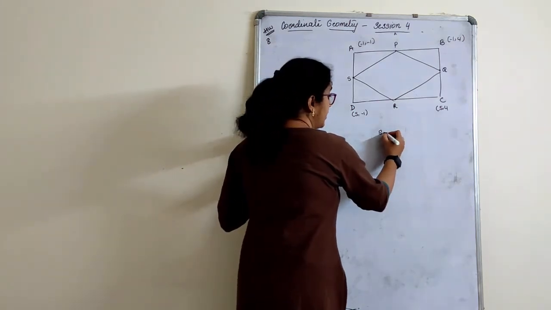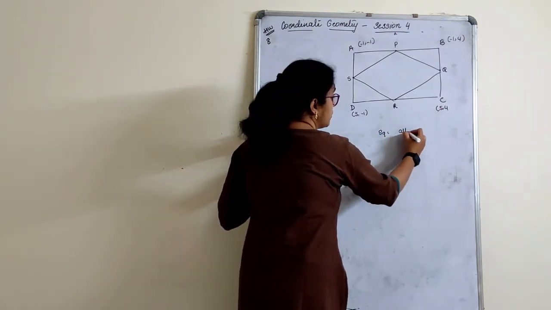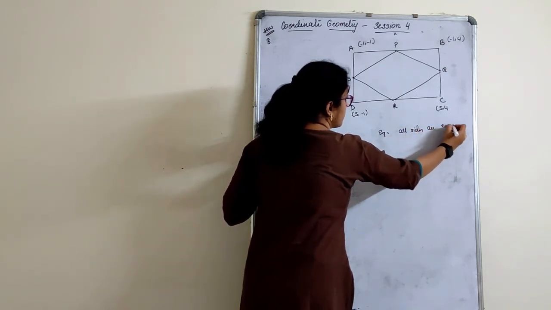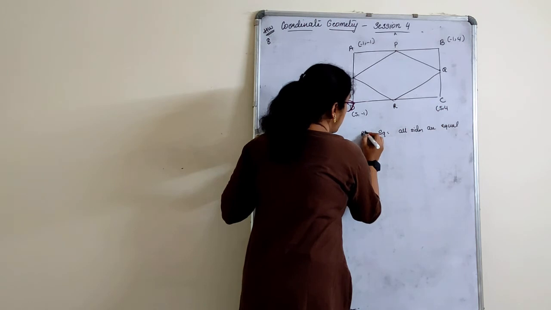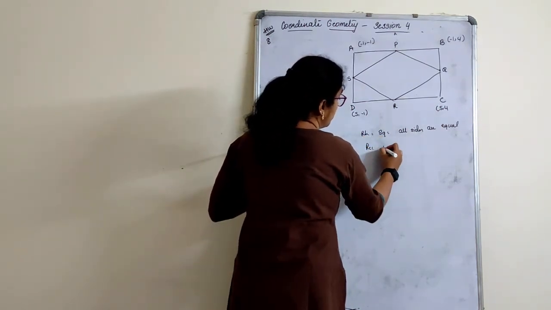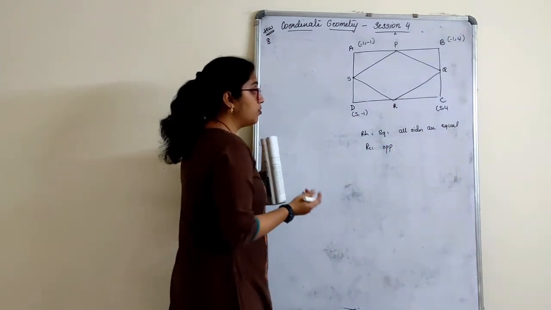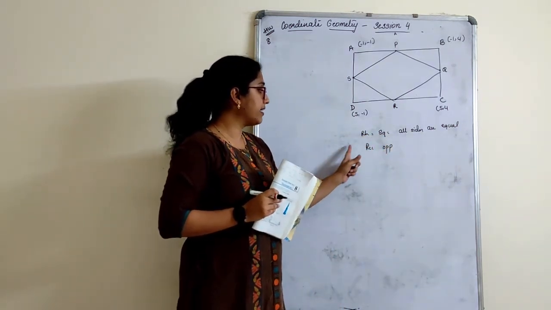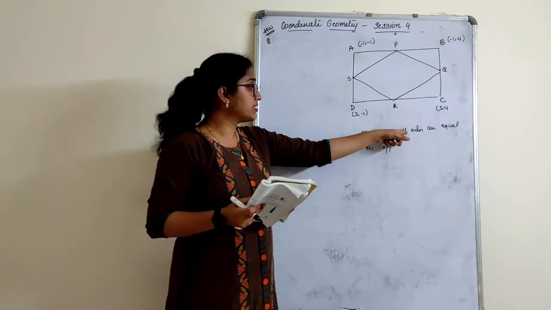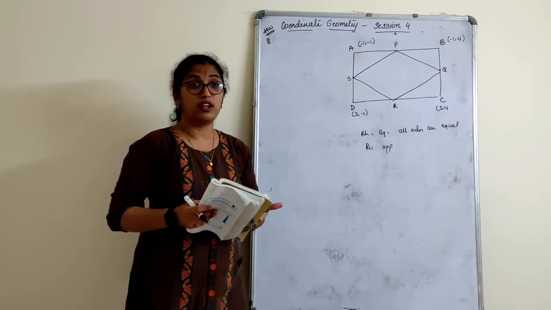If it is a square, then all sides are equal. A rhombus and a square both have all sides equal. For a rectangle, we know the opposite sides are equal. Now, if only a rectangle had been asked, write it off. But here, if all the sides are equal, how do we find whether it is a square or a rhombus?